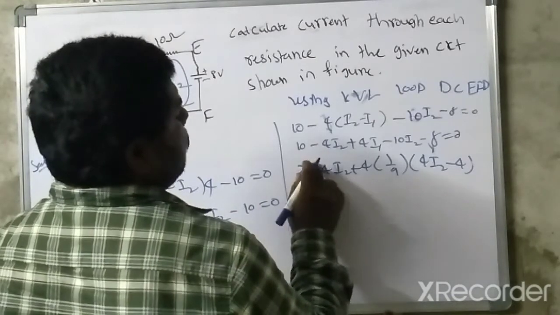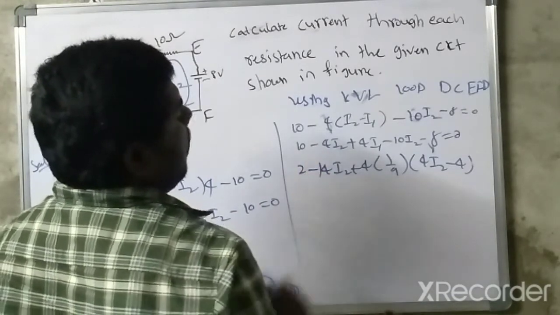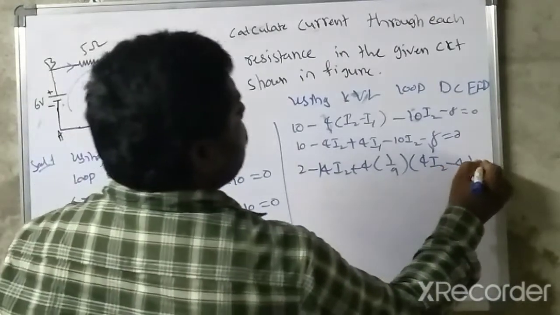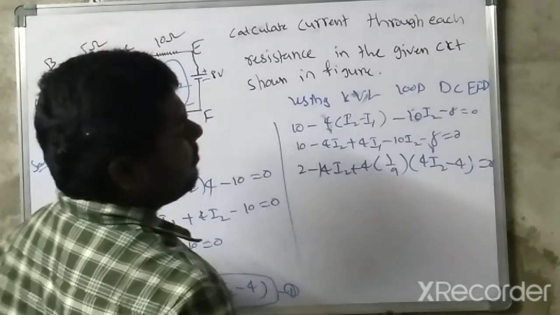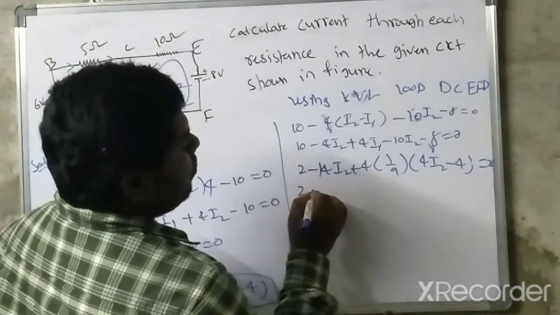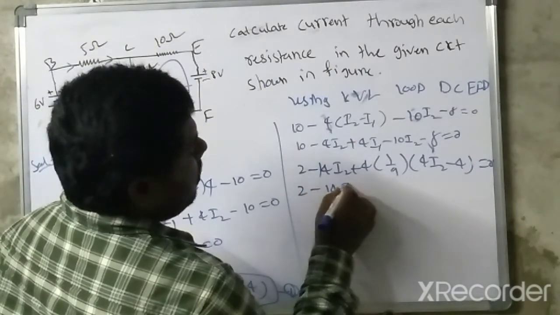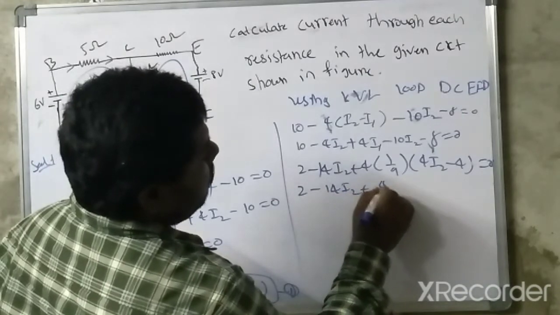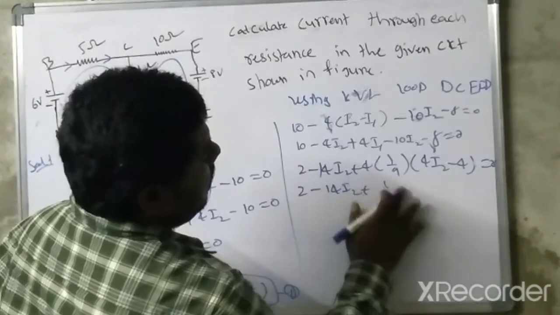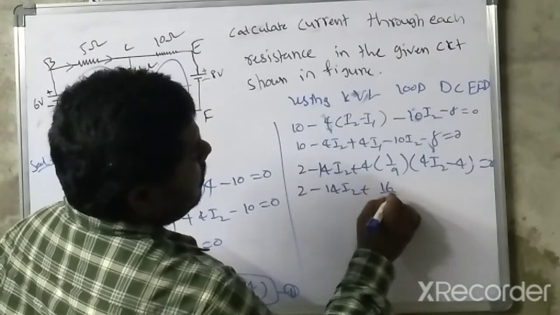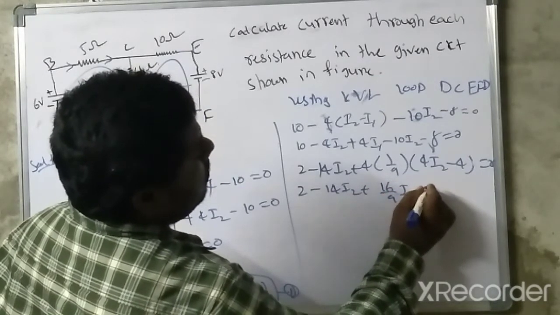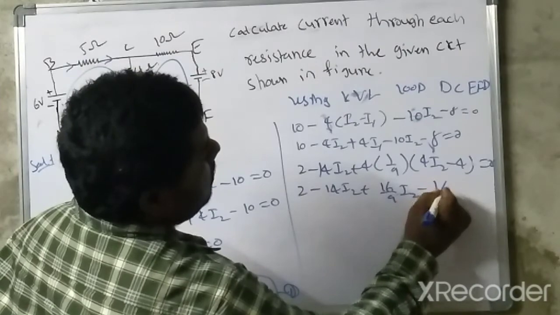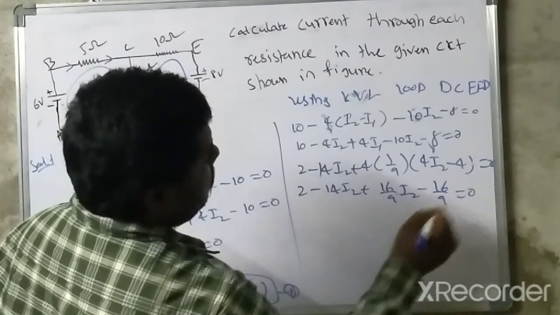So the total 14 I2 is equal to 0. This value you may simplify: 2 minus 14 I2 plus 16 by 9 of I2 minus 16 by 9 is equal to 0.